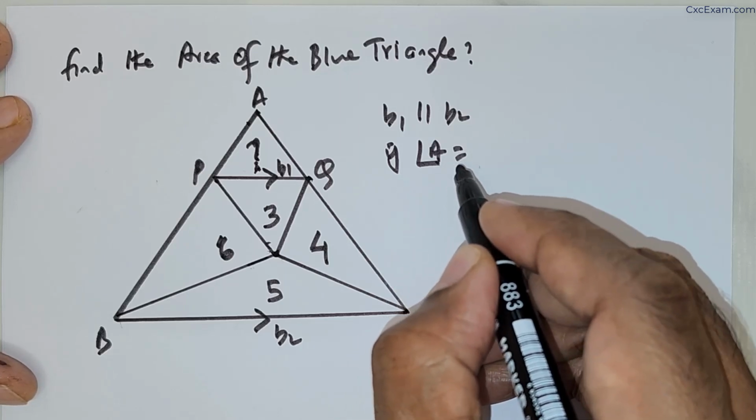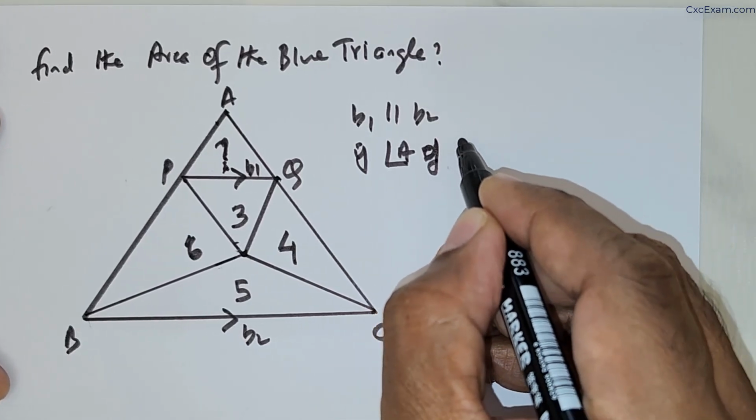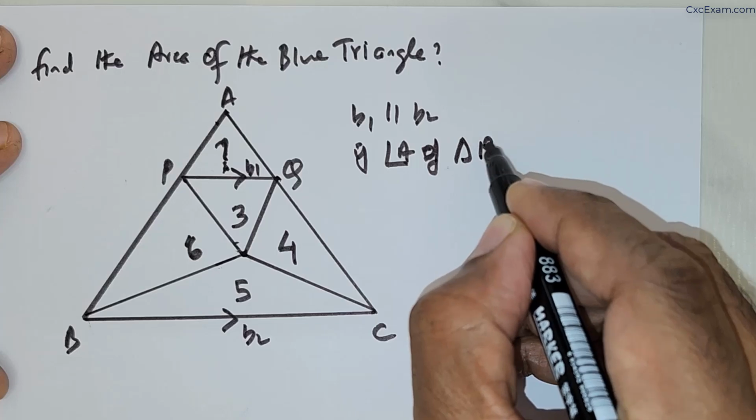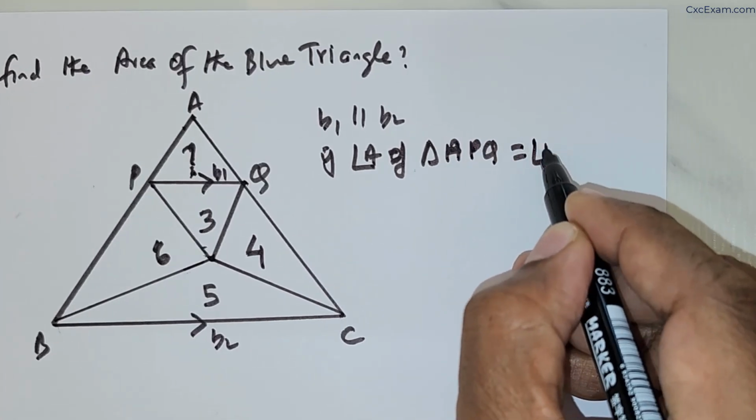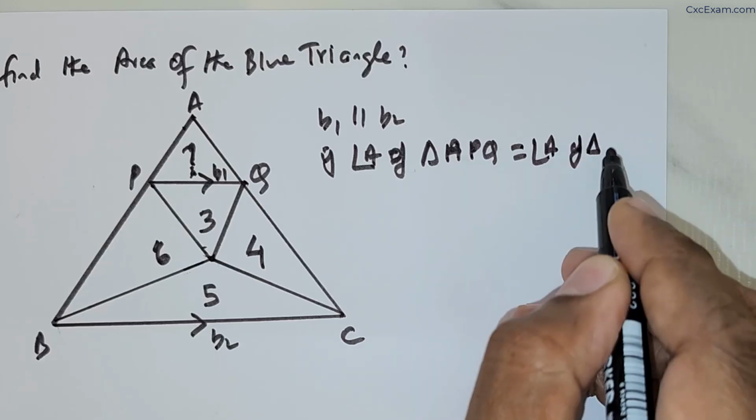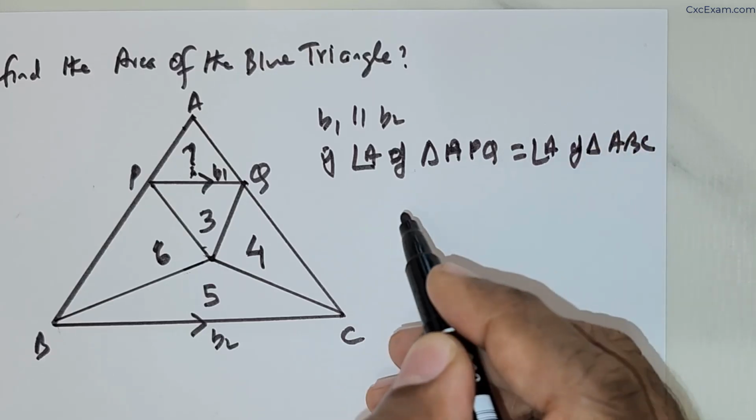So angle A of triangle APQ will be equal to angle A of triangle ABC.